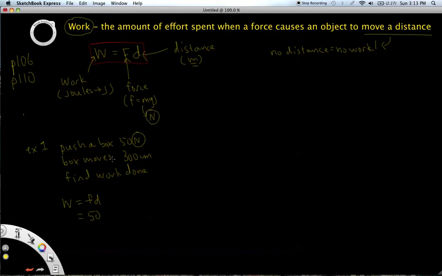The box moves a distance of 300 centimeters. Now this is a problem for us because this is centimeters, but the formula asks for meters. So we should do that conversion. What is 300 centimeters in meters? Well, it's actually 3 meters. Then you can plug this in. What is the work done? 150 joules, and you are done.